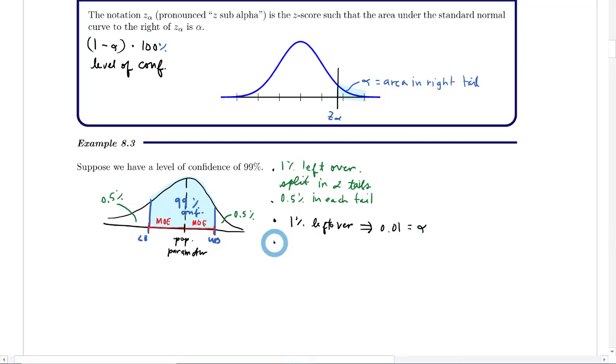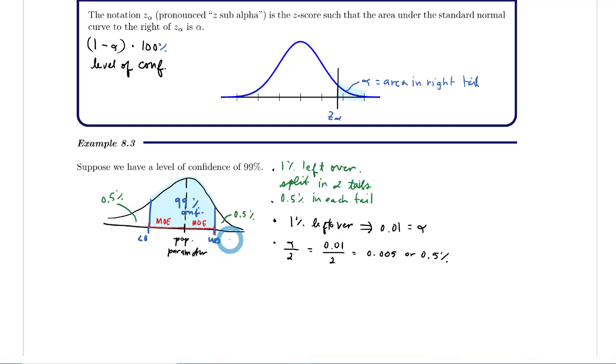And so the alpha over 2 in this case would be 0.01 over 2, which is equal to 0.005, which is the 0.5%, the half of the percent that we got here. So we will use this alpha a lot in the future, and right now we're just looking at it in terms of what is left over.